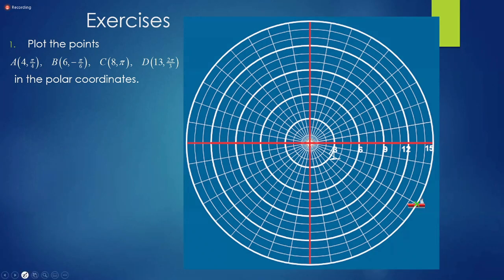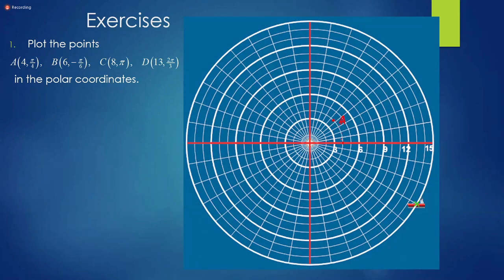Okay, erase and take something bright, like red. 4 pi over 4, so 4 is somewhere there, the distance is 4, and pi over 4, 45 degrees, so it will be 1, 2, 3, 4, and 45 degrees is there. So this would be the point A.